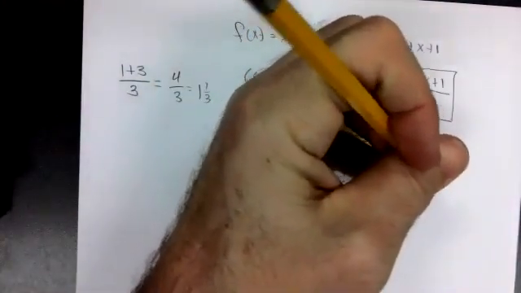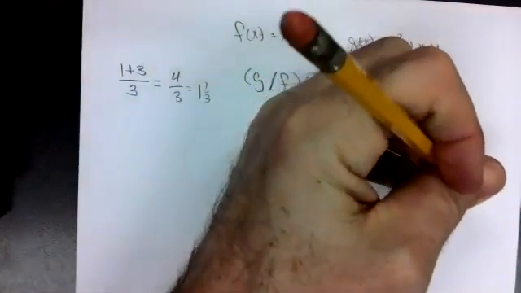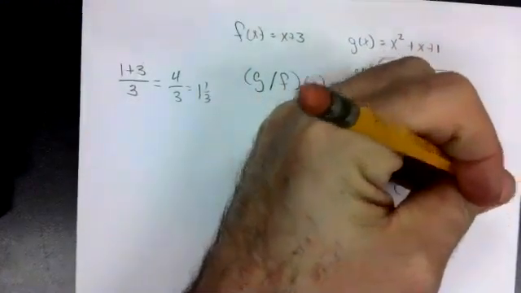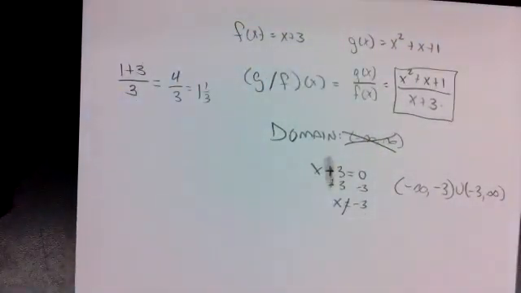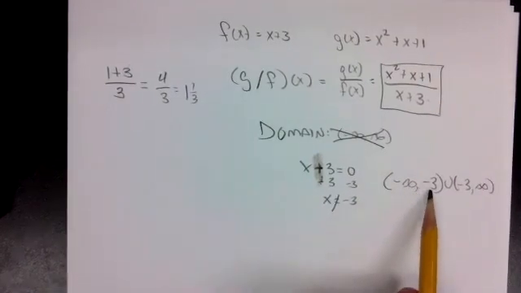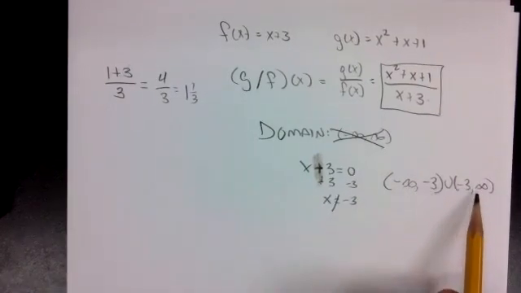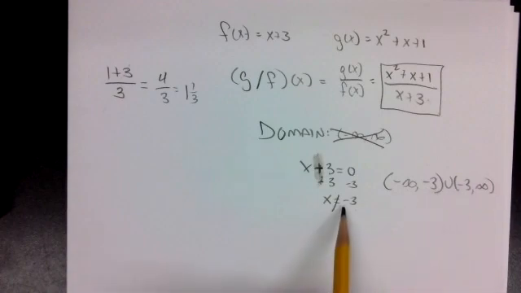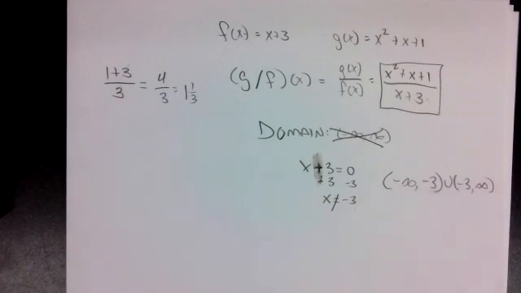The way we showed that with interval notation is this right here. So basically, this is saying from -infinity to -3, and then from -3 to positive infinity. Because these aren't included, we're basically eliminating the -3.